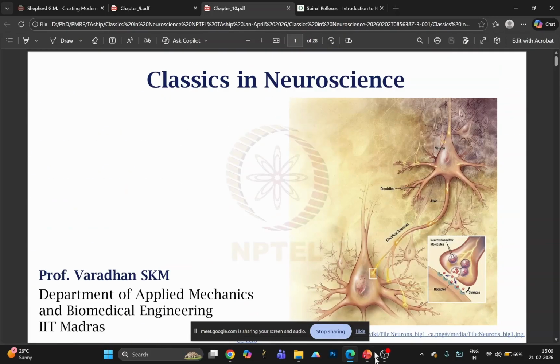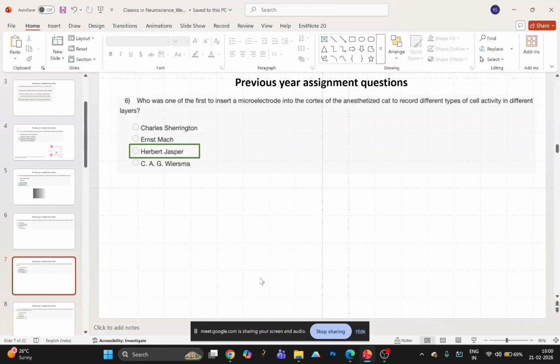I'm not able to find it right now in the text, but it was Herbert Jasper who was the first to insert a microelectrode into the cortex of the anesthetized cat.